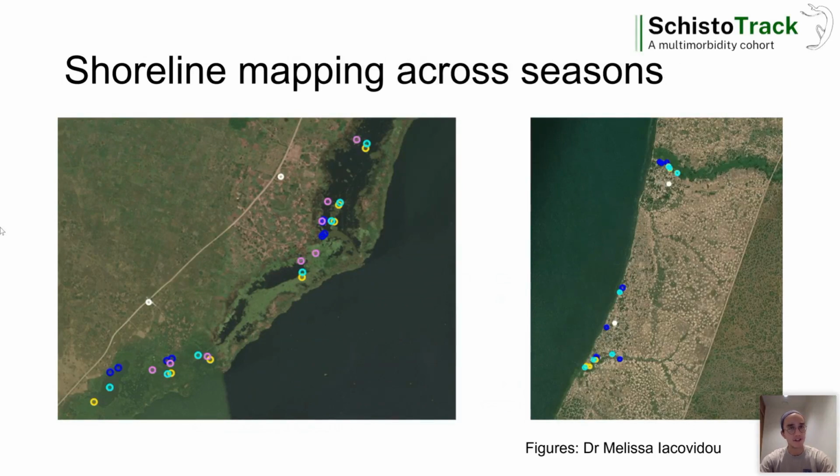It shows that the sites can move depending on rainfall and flooding, and also that the water sites at the shoreline don't align perfectly with the satellite imagery. So this shows that it can be difficult to use satellite imagery to accurately predict site characteristics and snail distribution, and snails are more likely to inhabit standing water areas along the shorelines.